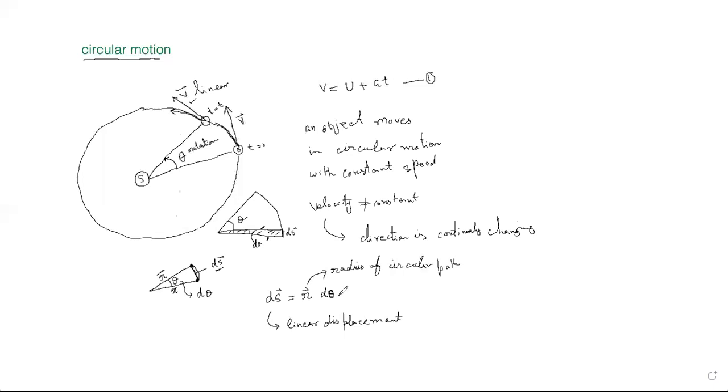And d theta is the angular displacement. This tells us that linear motion can be related to angular motion by multiplying with this r vector, the radius of the circular path of the motion.